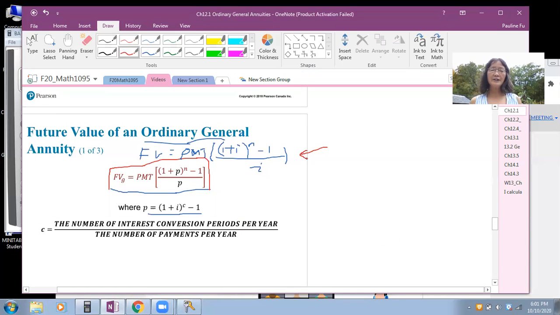Actually, it is the same, except one uses I and the other uses P. Everything else is the same. And remember, P equals (1 + I) raised to the power C, minus 1, and C equals CY divided by PY.